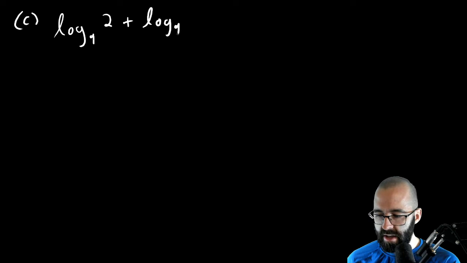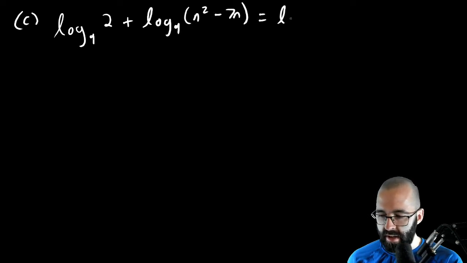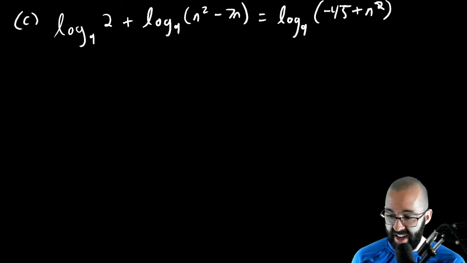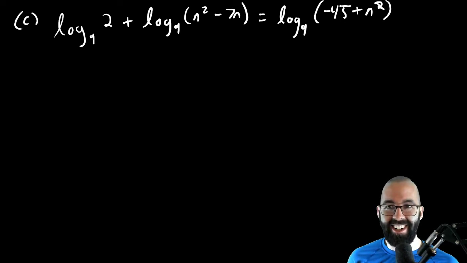Let's do some more. Log base 9 of 2 plus log base 9 of n squared minus 7n equals the log base 9 of negative 45 plus n squared. I think my notes are real messy for this one. Let's see what happens.